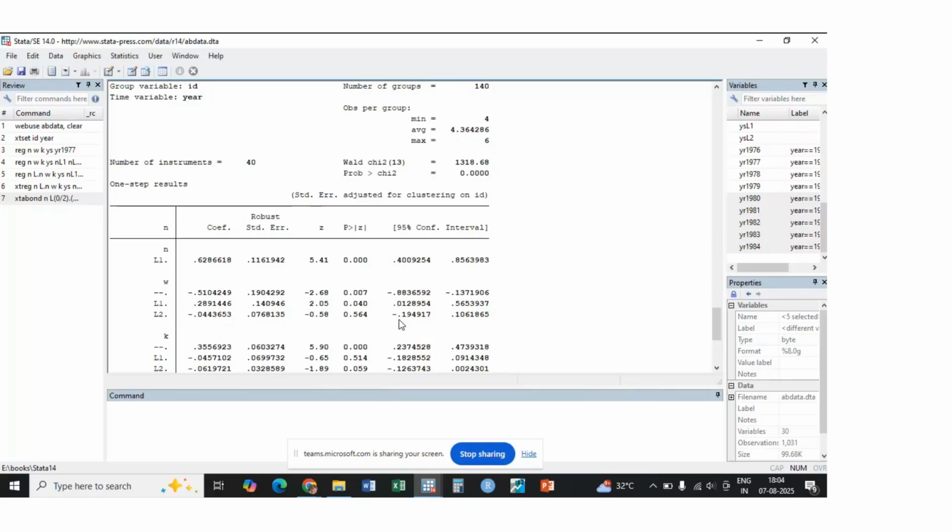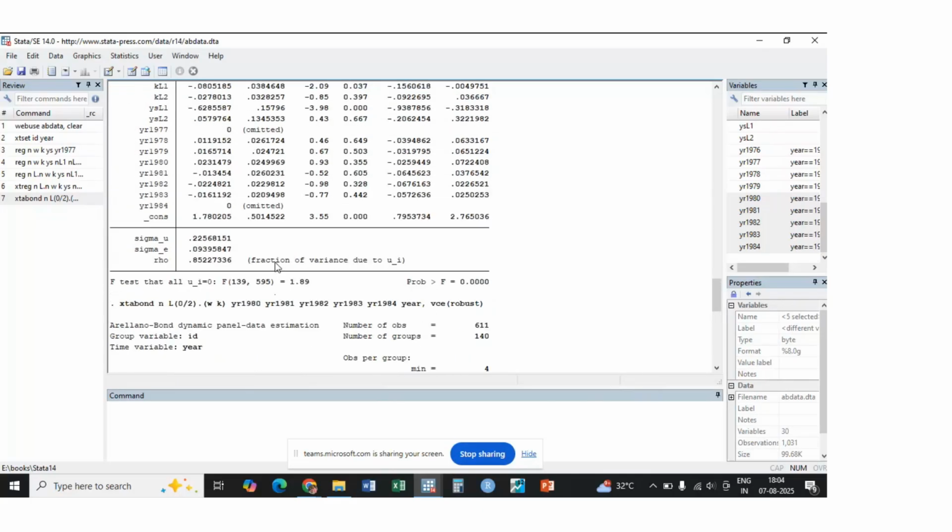Now what do you do? It has to be between 0.73 and 1. So why are we getting this number here?